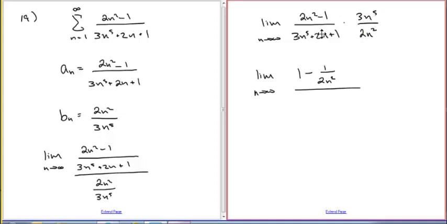And likewise, I can divide each one of these terms by that. And so I'll end up with 1 plus 2n over 3n to the 5th plus 1 over 3n to the 5th. And each one of these goes to 0 as n goes to infinity. And so I just end up with 1.